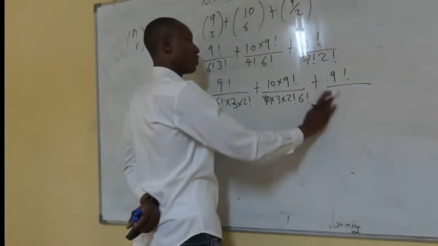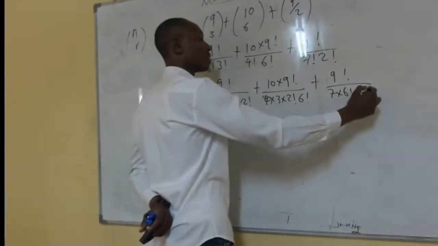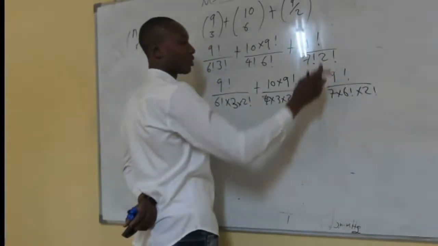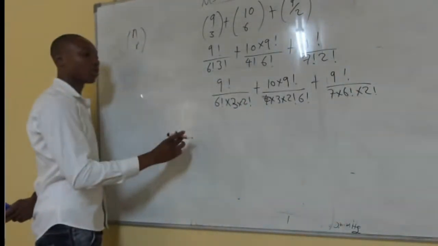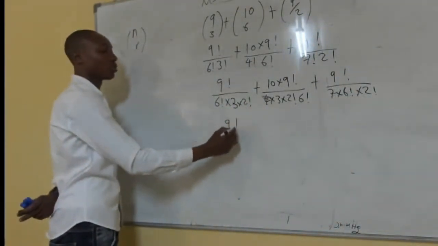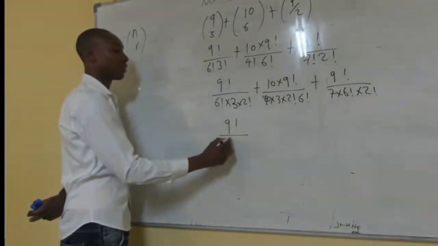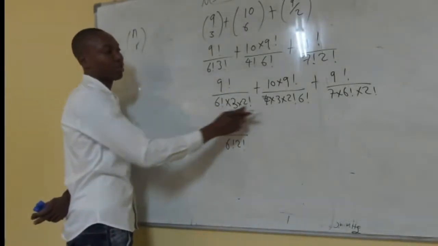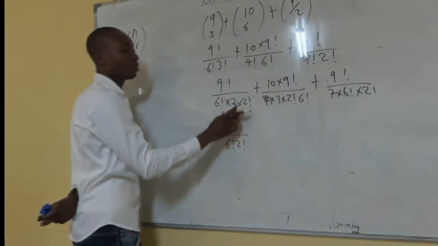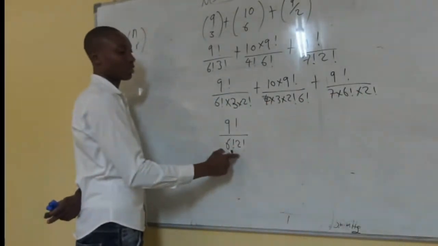So 7 can be rewritten as 7 times 6 factorial times 2 factorial. This is 2 factorial, which is already here. Then we said what is common here, so we had to factor out what was common. So what was common was 9 factorial over 6 factorial, 2 factorial, okay? If I factor out, this is common, 2 factorial here, 2 factorial here, 2 factorial here.